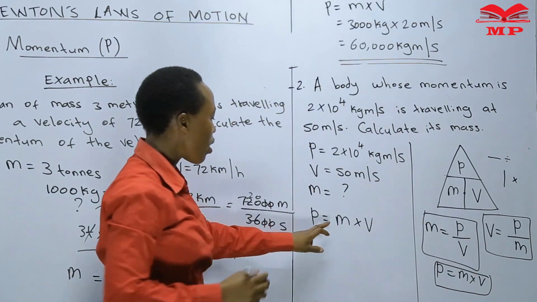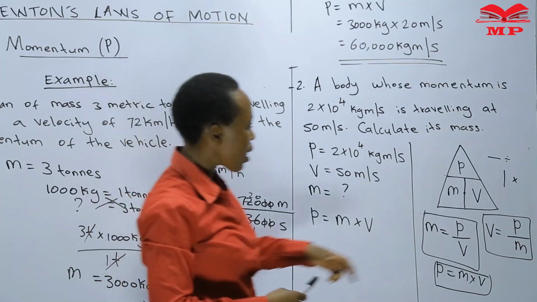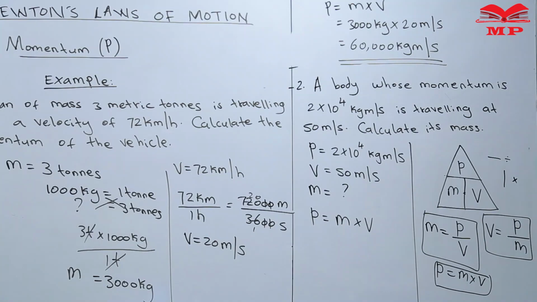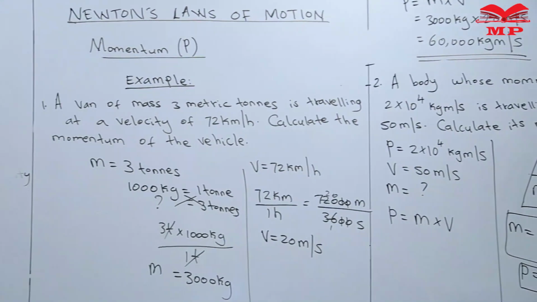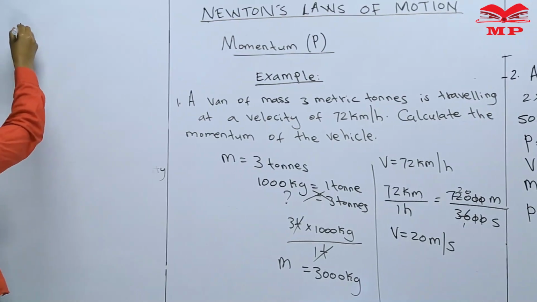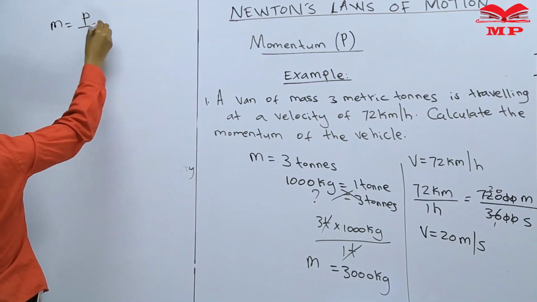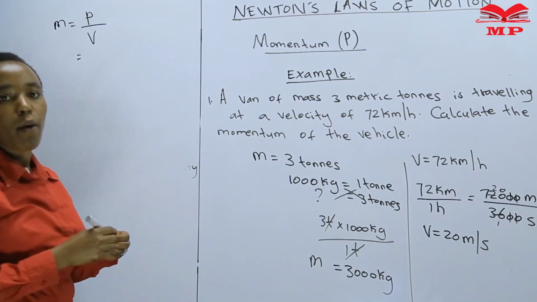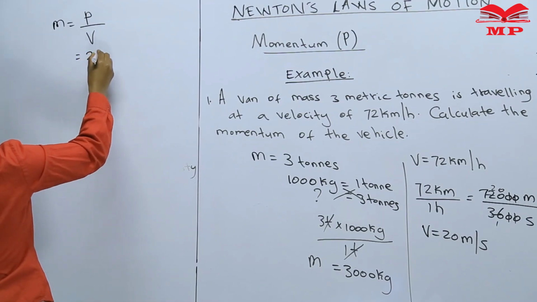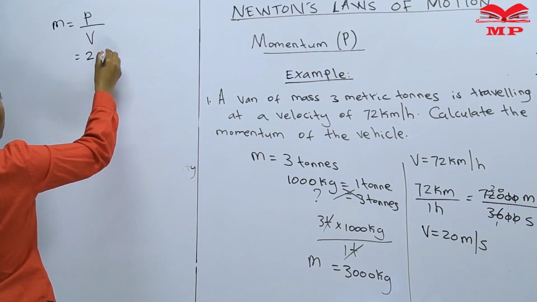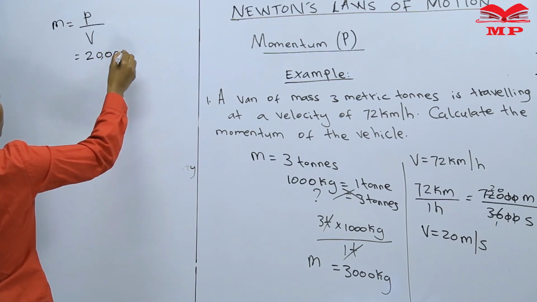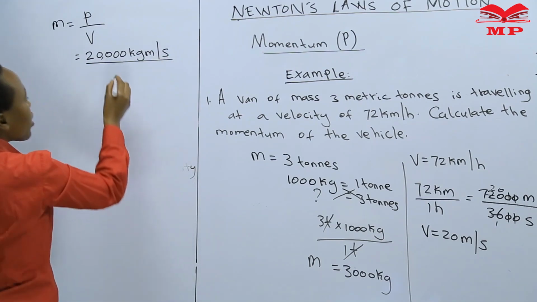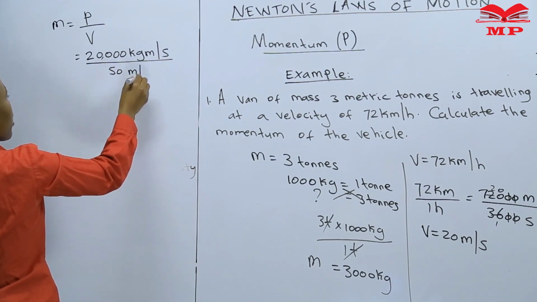In this case, we want to calculate the mass, and therefore we can apply this where mass is equal to momentum over velocity. Our momentum is 2 multiplied by 10 power 4, which is the same as 2 then multiplied by 10 four times, so we have 20,000 kilogram meters per second divided by the velocity, which is 50 meters per second.